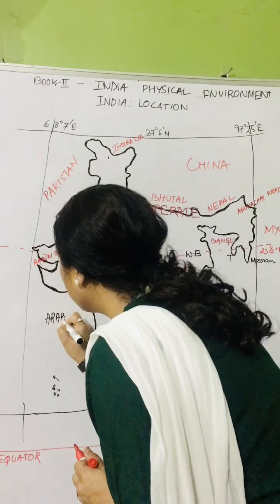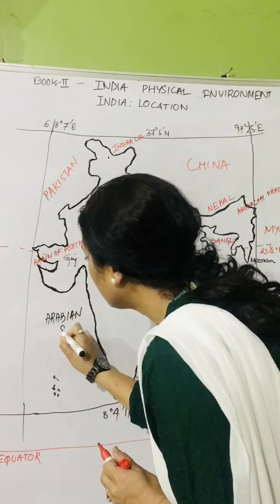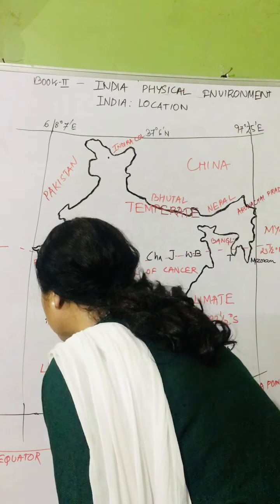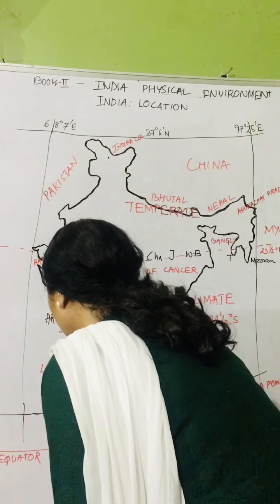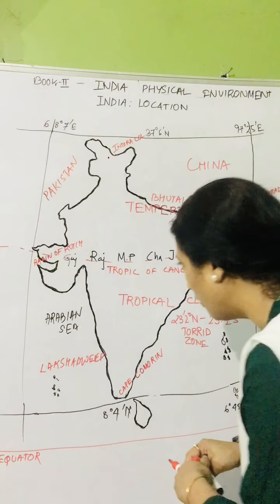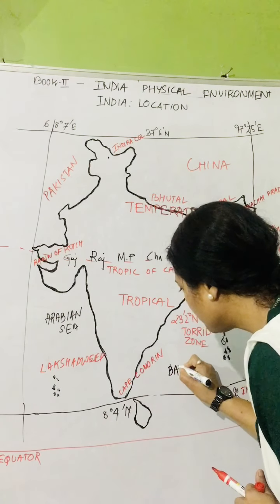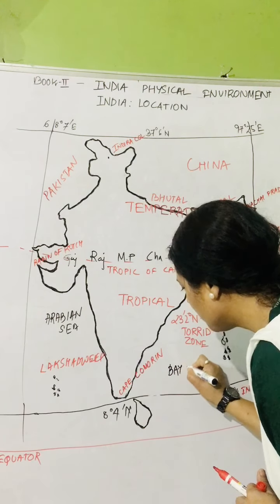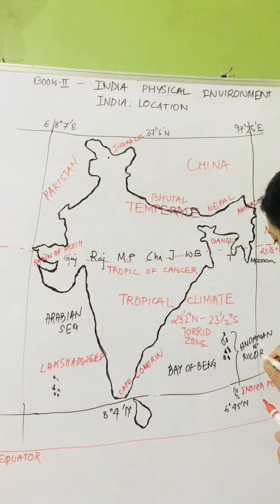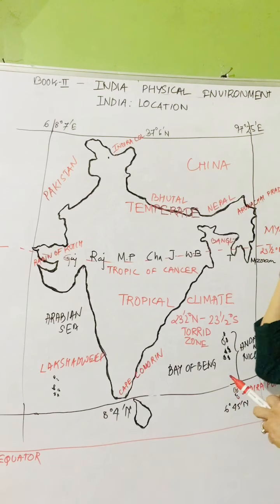One is the Arabian Sea. The Union Territory which we see in the Arabian Sea is Lakshadweep, which is a coral island. Here we have the Bay of Bengal, and in the Bay of Bengal we have a group of islands, Andaman and Nicobar, which has one active volcano, that is Barren Island.